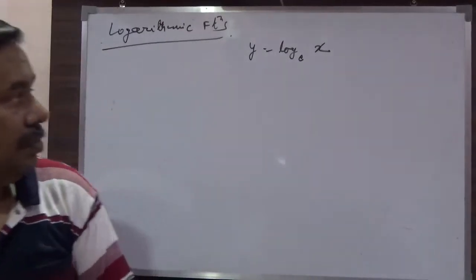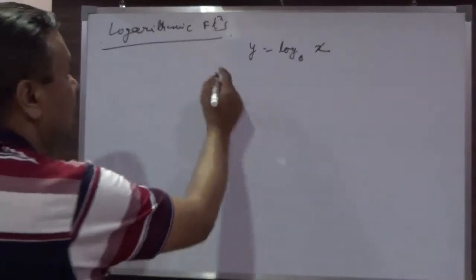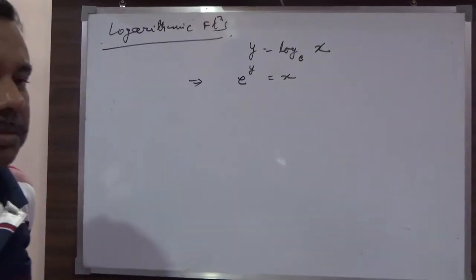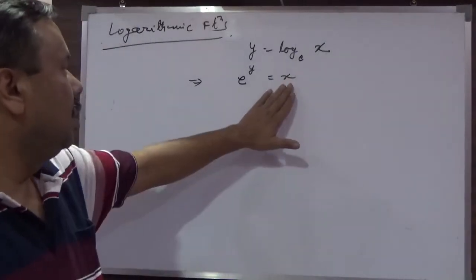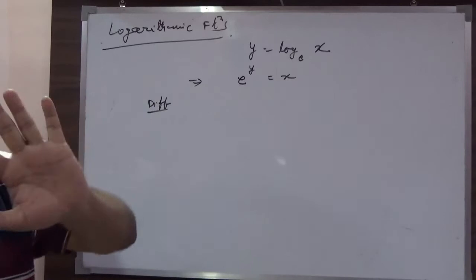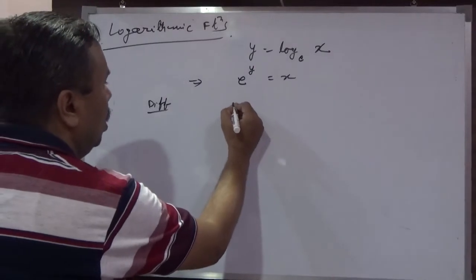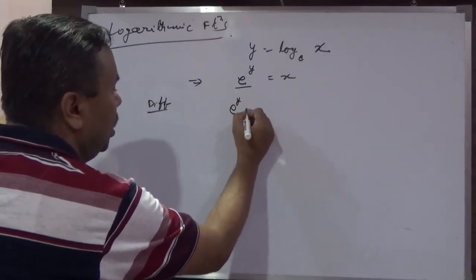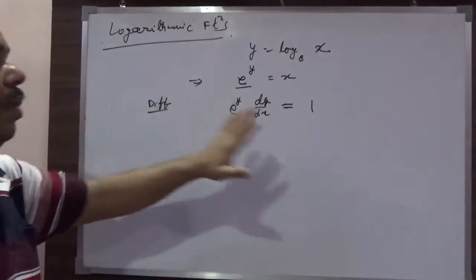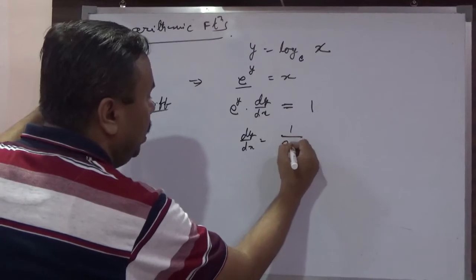Now if this is so, what does this mean? This means that e raised to the power y is equal to x. Now I will differentiate. Remember, I have to find dy by dx. Differentiating, it will become e raised to the power y multiplied by dy by dx, and the right hand side will be equal to 1, so dy by dx is equal to 1 by e raised to the power y.